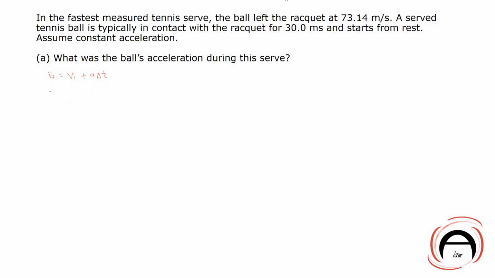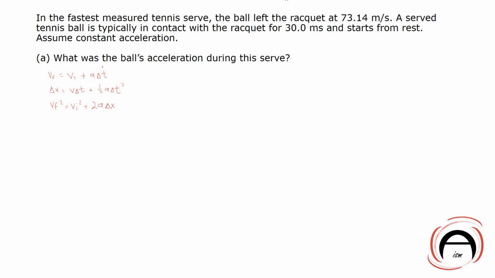Our second equation is delta x equals v initial times change in time, plus 1/2 a delta t squared. And our final equation is final velocity squared equals initial velocity squared plus 2 times acceleration times delta x.